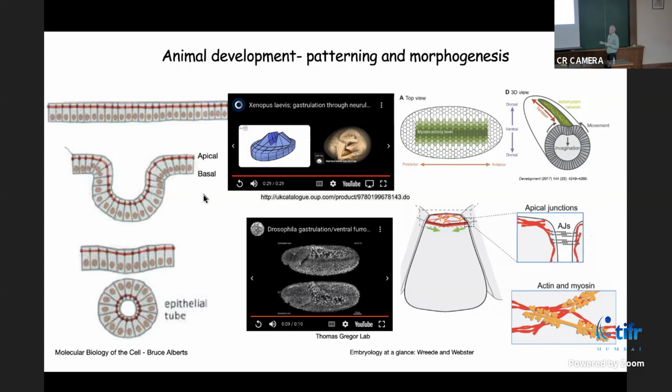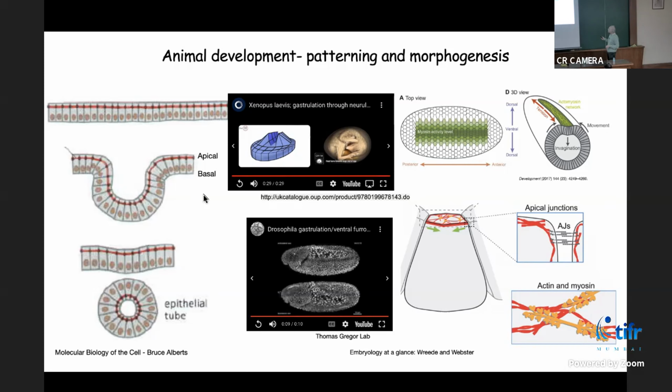You will see that these cells are now narrower. They are wedge shaped, as compared to these cells, which were originally more cuboidal. And eventually this tube will detach from the overlying ectoderm, and then it will give rise to the neural tube, which will eventually differentiate into the brain cells.